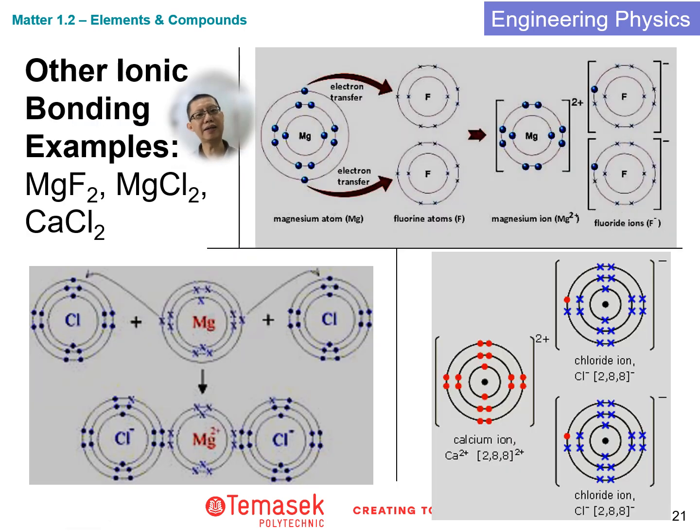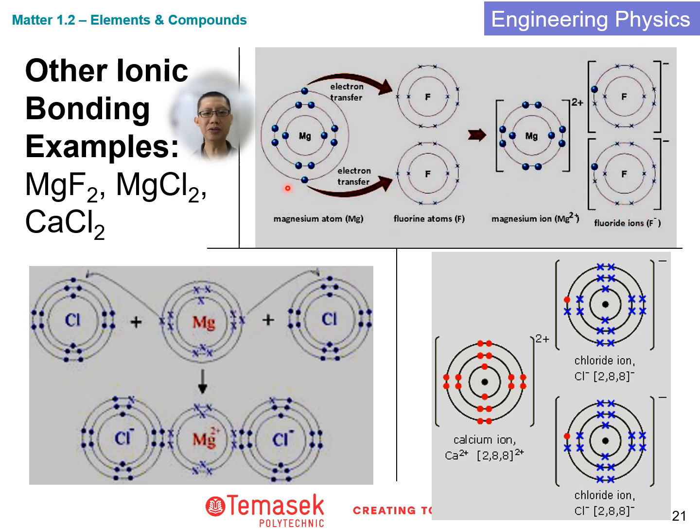Here are some examples of ionic bonding. Formation of magnesium fluoride, MgF2. In the top part of the slide, we see how magnesium, Mg, bonds with 2 fluorine, F, atoms to form magnesium fluoride, MgF2.